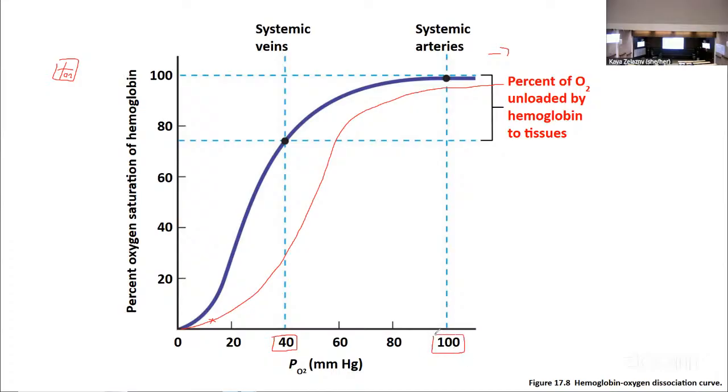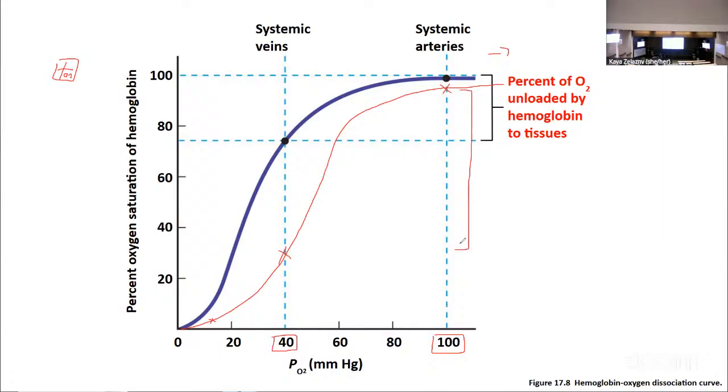Now we can see on this graph with the lower affinity of hemoglobin for oxygen, if we read at our vein point and at our artery point, there's a really big difference between the amount of oxygen in the arteries and the veins.